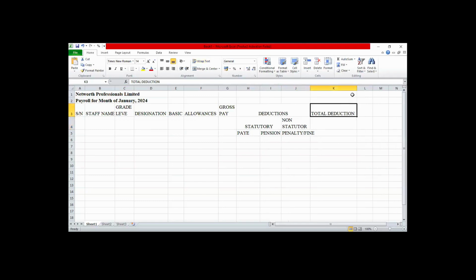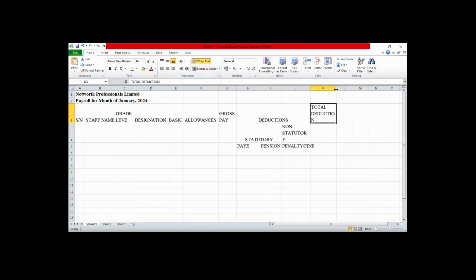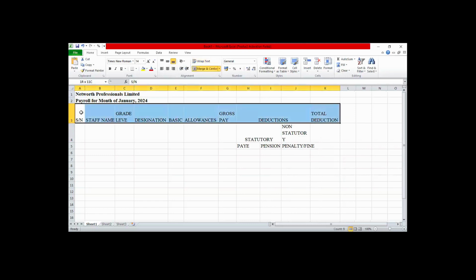Then this, now looking at it from here, we can now get what? Total.